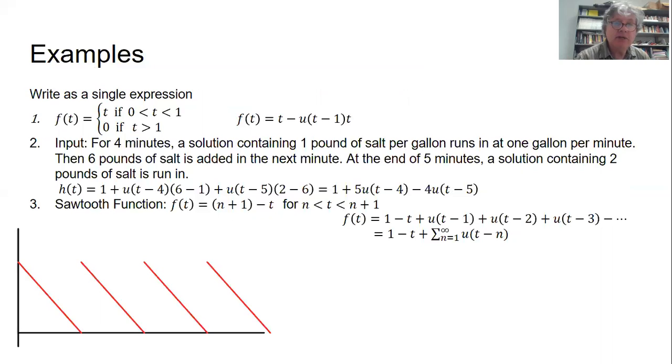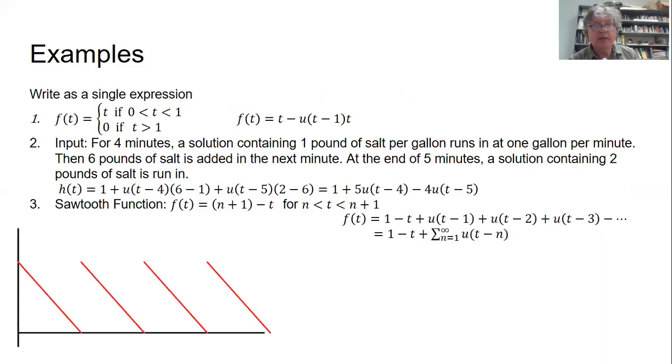And so let's have a look at examples. Here's a piecewise function. It's equal to t for t between 0 and 1, and then it's turned off. It's 0 afterwards. Okay, and so that's going to be t, because that's our starting function.